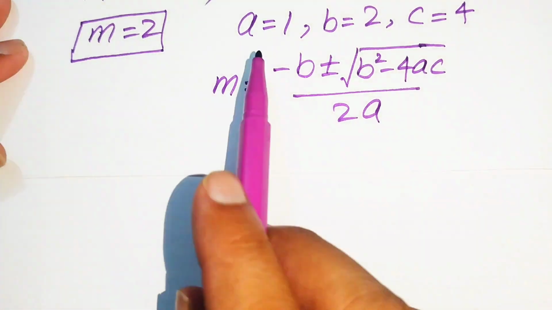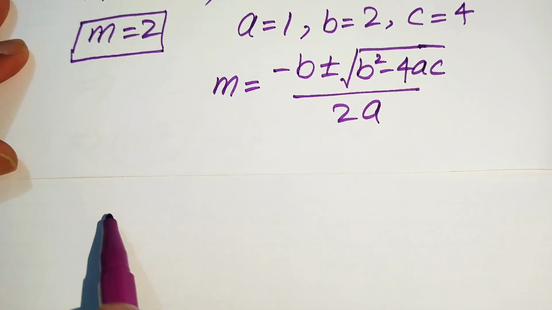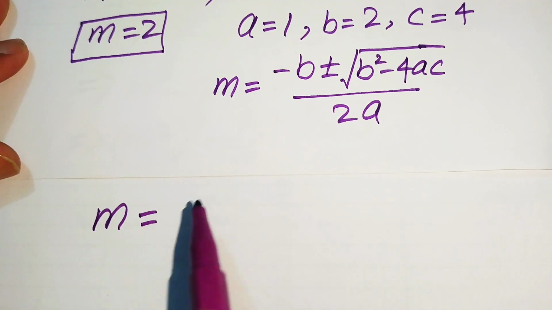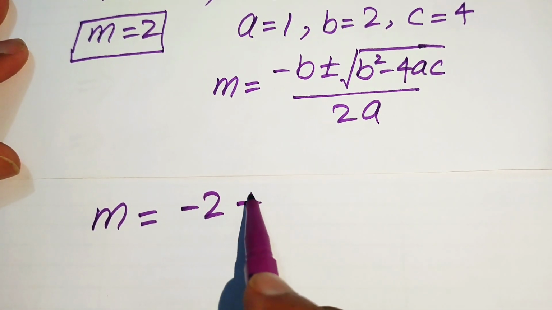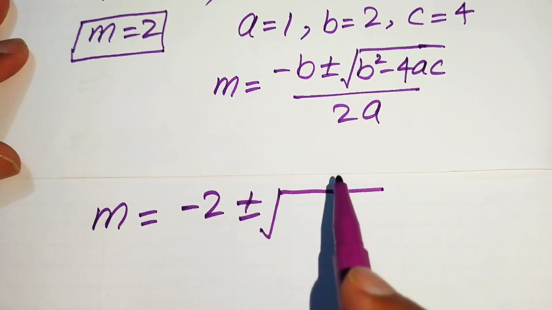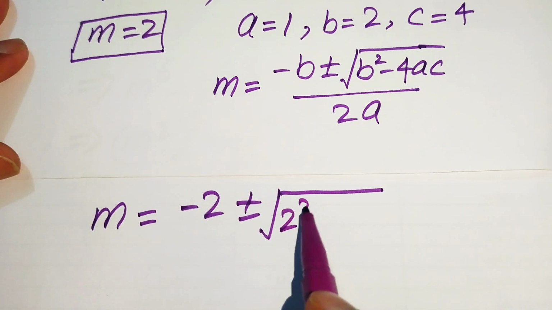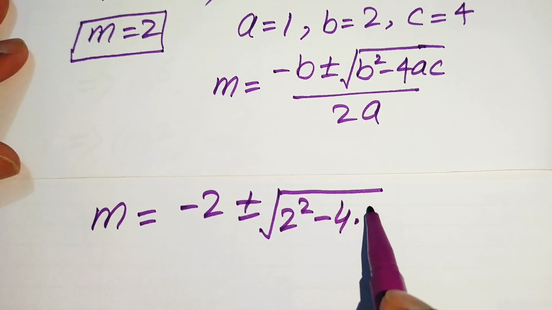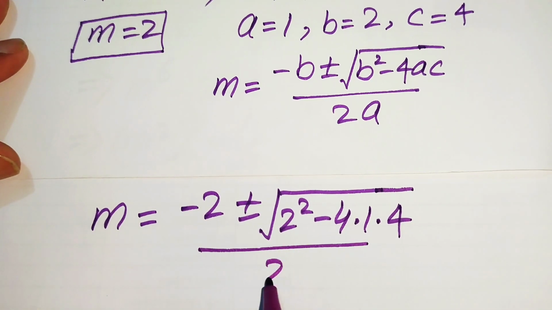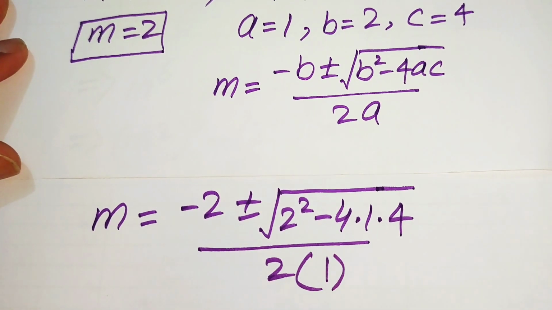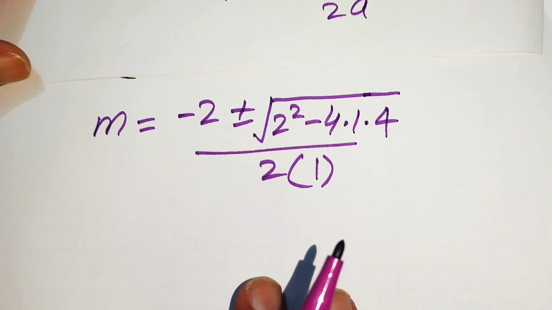Now we substitute all the values of a, b and c in this formula, and it will be written as m equals minus 2 plus minus square root of 2 square minus 4 times 1 times 4, divided by 2 times 1.